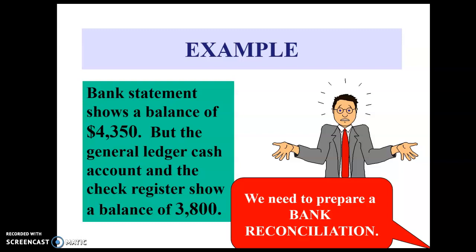So in that case, they don't balance. And this is generally the case. They hardly ever are going to be the same, what the bank says that you have and what you say that you have. There are various differences that cause that. So to make sure that everything is okay, we need to prepare a bank reconciliation.